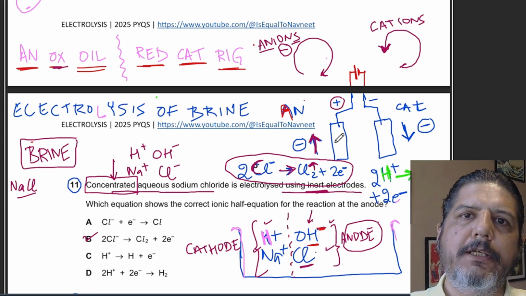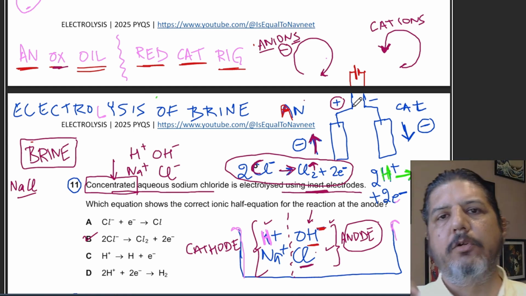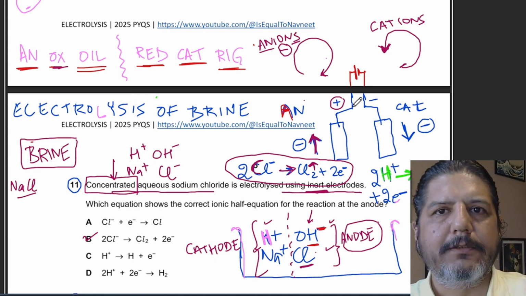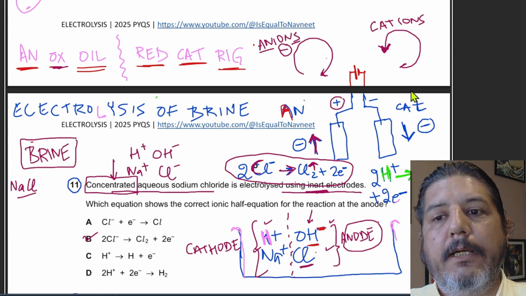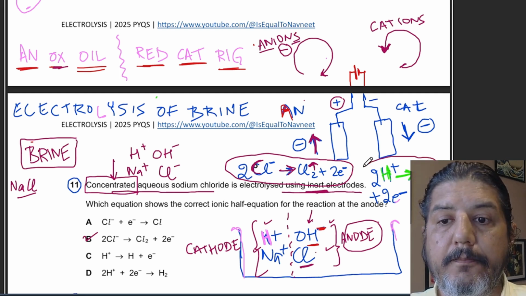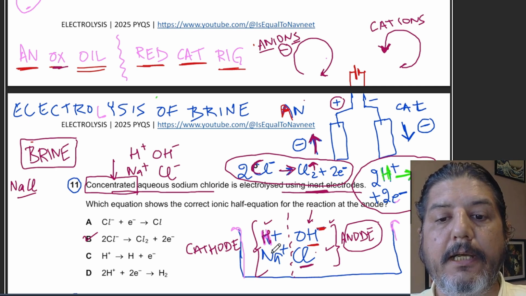So Cl2 would be given off, and remember, chlorine gas is green in color. At times they will also ask you the color of the gas. So the color of gas in this case is green. Then at the cathode side, there is a competition between H positive and Na positive.